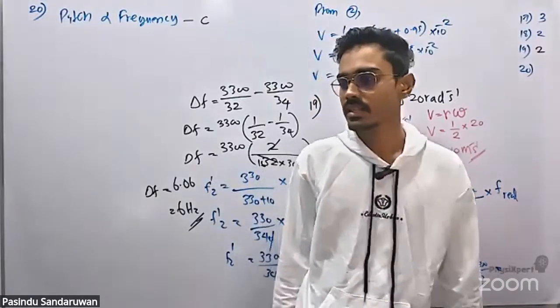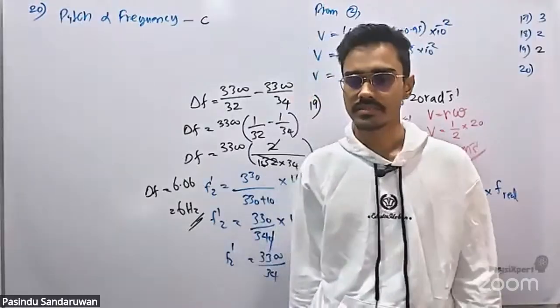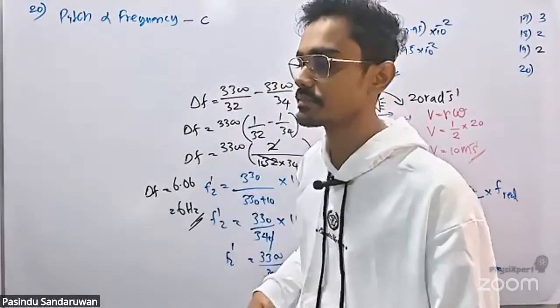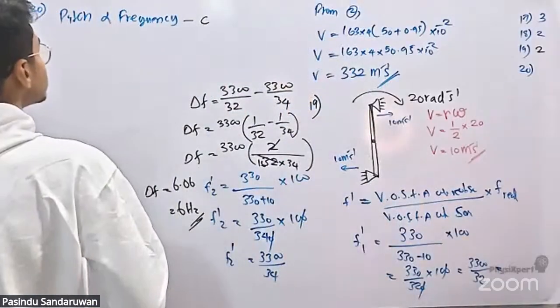Those three are the things we discussed there. Wave with high loudness is then the highest amplitude, A. Highest amplitude is for A.